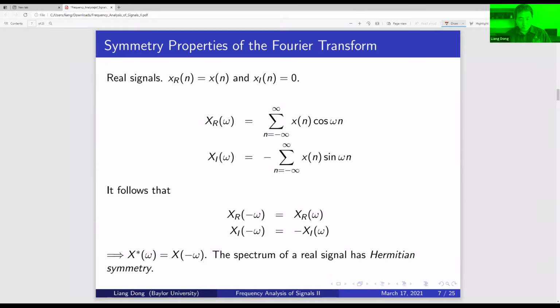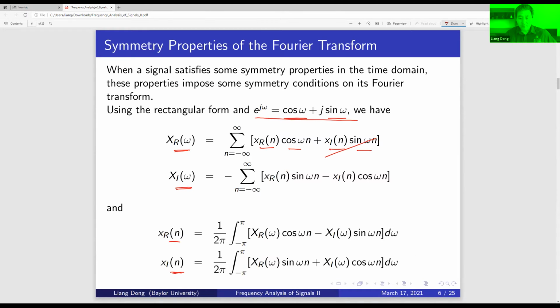Okay. So, doing some quick analysis. For a real signal, meaning that my time domain signal, xn, only has a real part and does not have an imaginary part, when we plug into the Fourier transform from the previous page, we know this part goes away because there's no imaginary part, it's all zero.